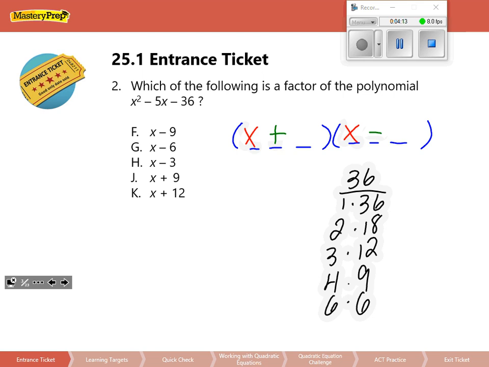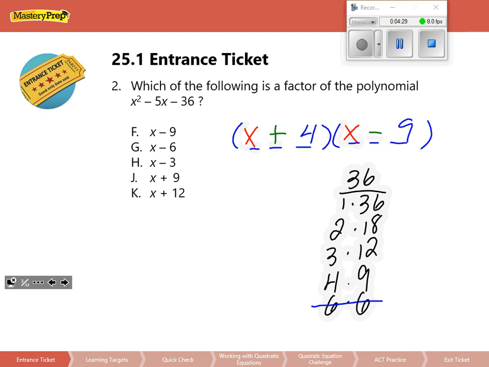Now at this point here, we can try different ones, but 6 and 6 is not going to work. That would make it a difference of perfect squares, because x minus 6 and x plus 6 would be difference of perfect squares, so we would look at the rest of them.